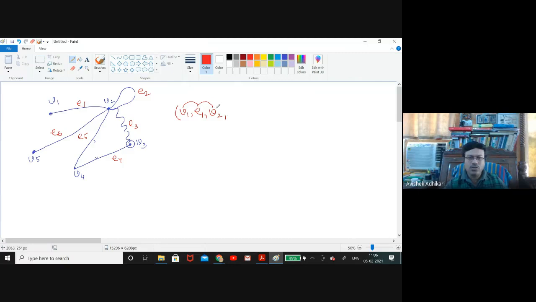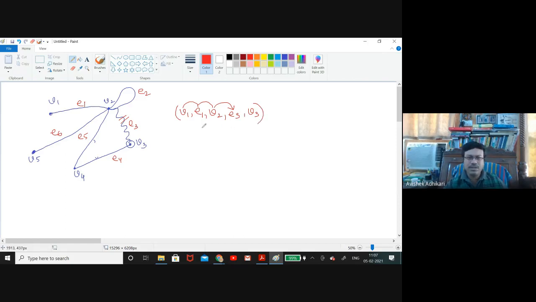Then it should be the turn of an edge, and I have many options. From V2, I may take E2, E3, E5 or E6. Say I have taken E3. Then I reach V3. You may stop here.